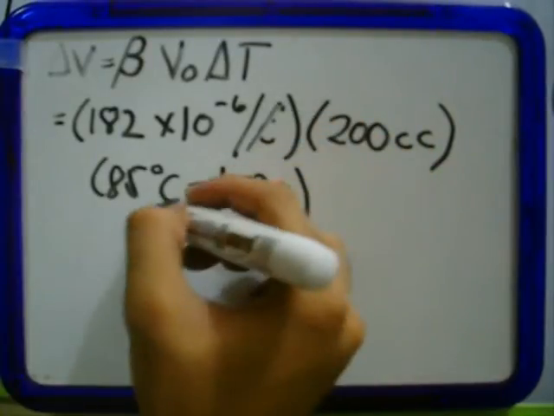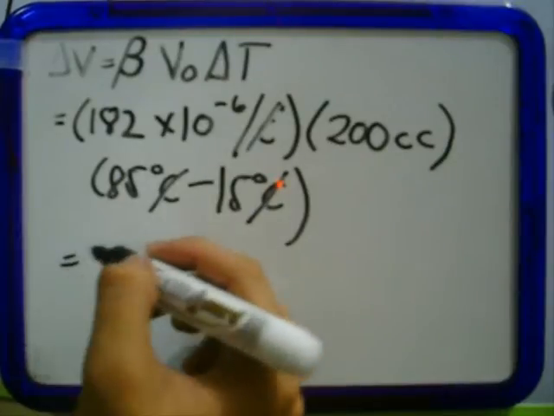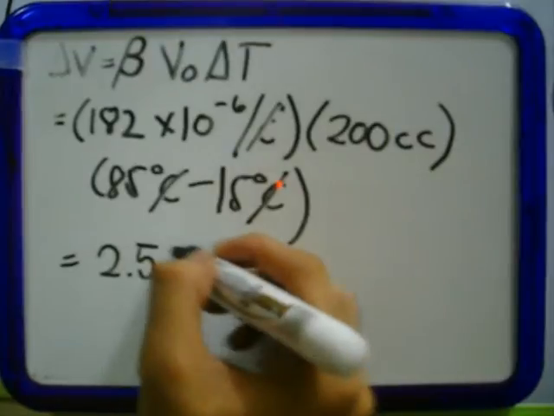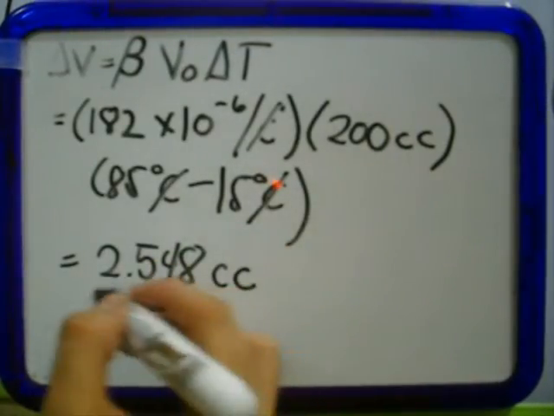Cancelling the Celsius degree will be 2.548 cubic centimeters.